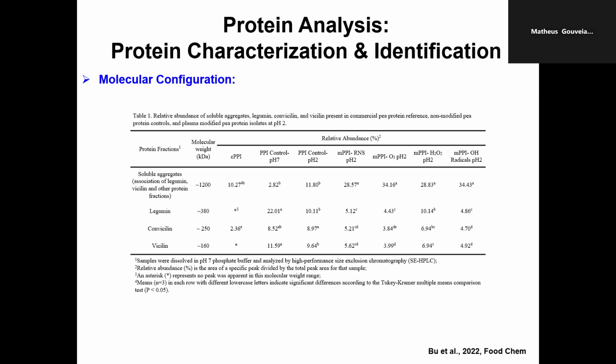And then we can see that with specific plasma treatment, we get more soluble aggregates compared to the control. So cold plasma resulted in the formation of soluble aggregates that enhance the gelation properties.